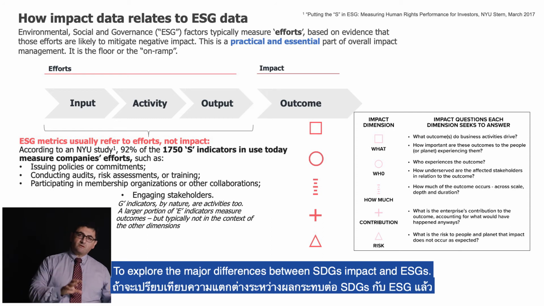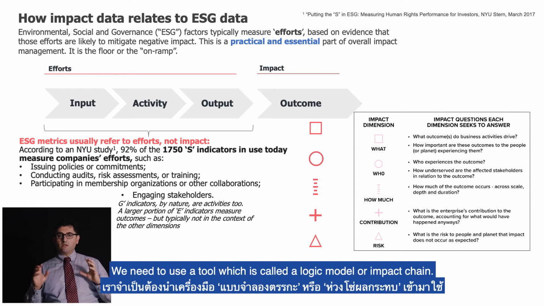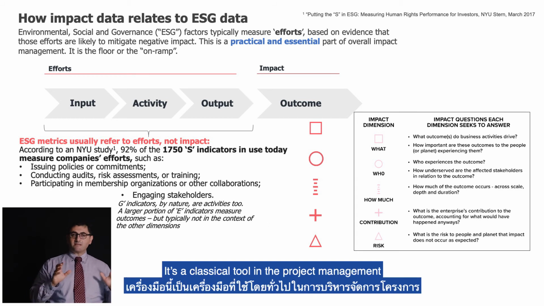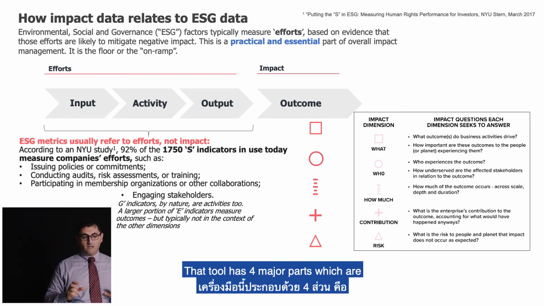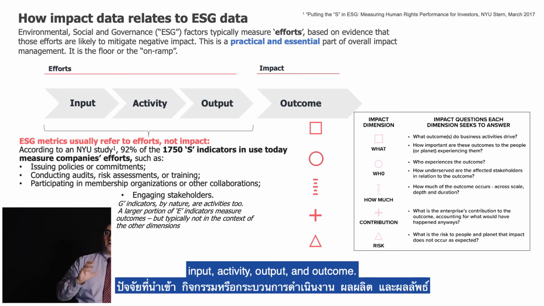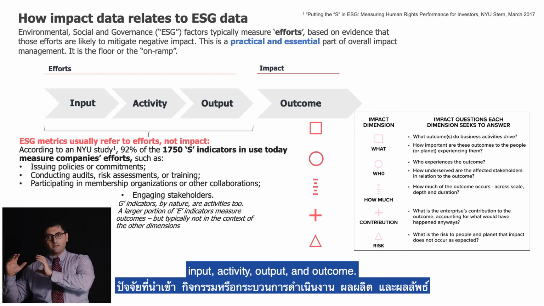To explore the major differences between SDG impact and ESGs, we need to use a tool which is called logic model or impact chain. It's a classical tool in project management, but we will consider its application for impact measurement. Now, that tool has 4 major parts: input, activity, output, and outcome.